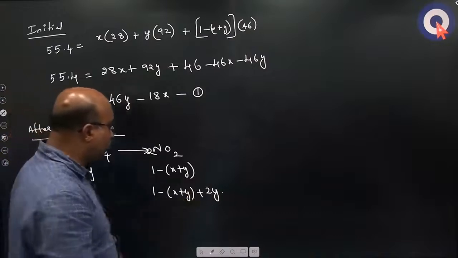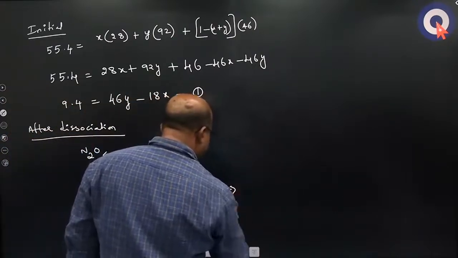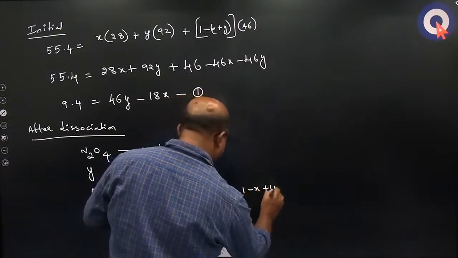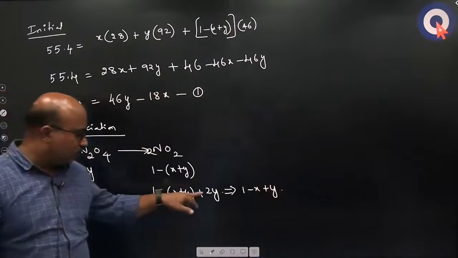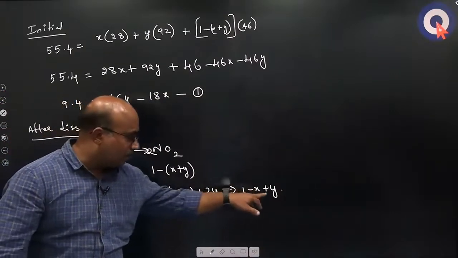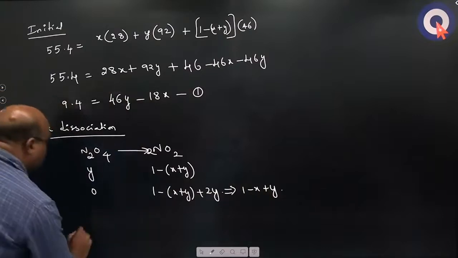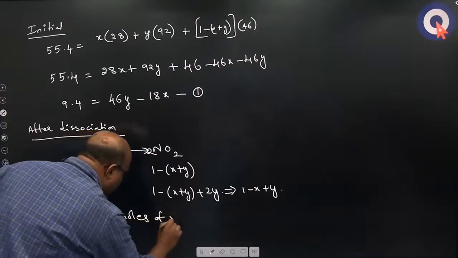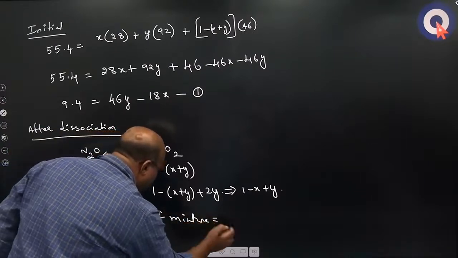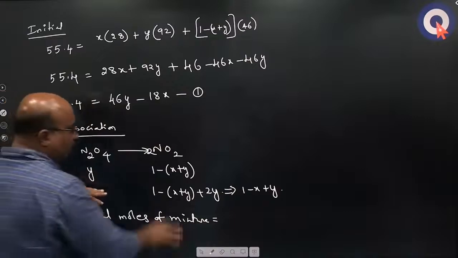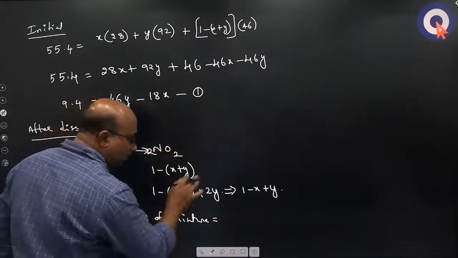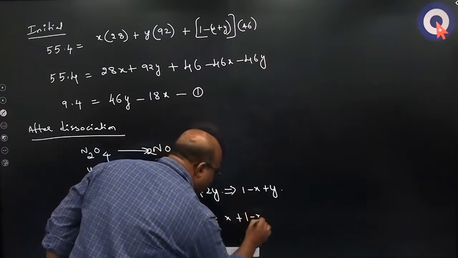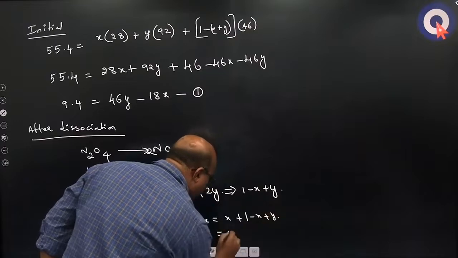So the total moles of NO2 is 1 minus x plus y. The total moles of mixture after dissociation: there is no N2O4, only NO2 and N2. N2 is x, plus NO2, which is 1 minus x plus y, so the total becomes 1 plus y.